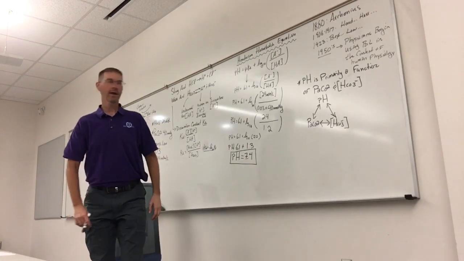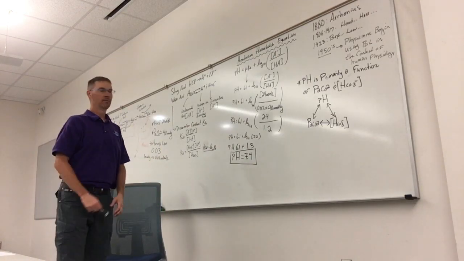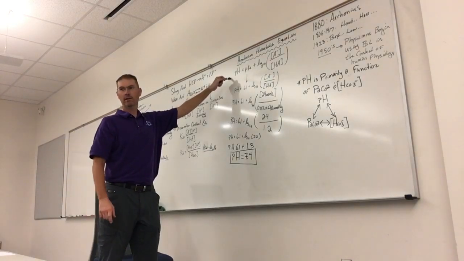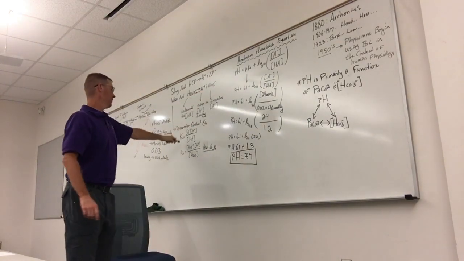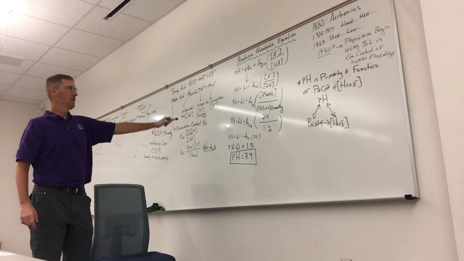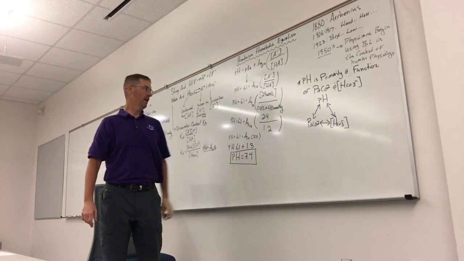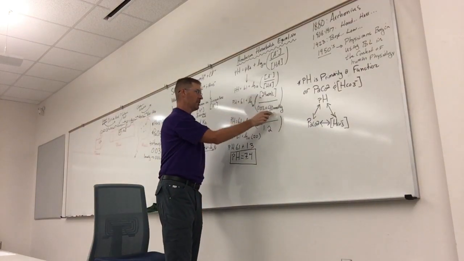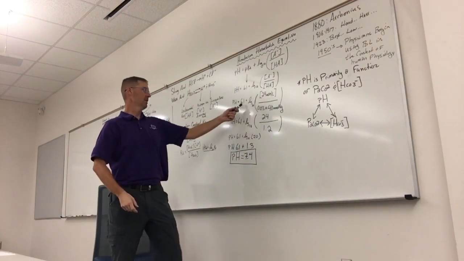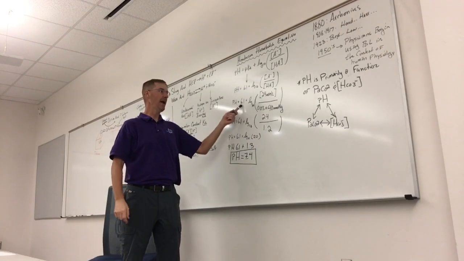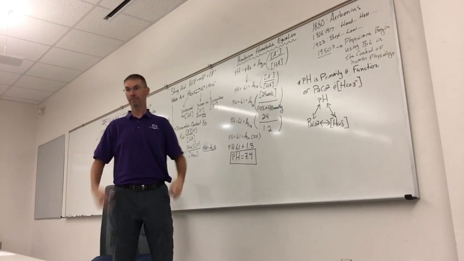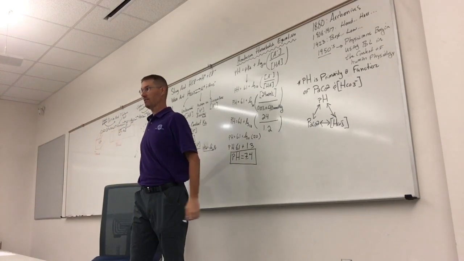Are you guys okay with how we got there? Starting up here at the Henderson-Hasselbalch, going through what the Ka is, and we put in all normal values, and all we used were the bicarbonate and the CO2, and then of course the pKa of carbonic acid, which is a big component. Does that make sense?